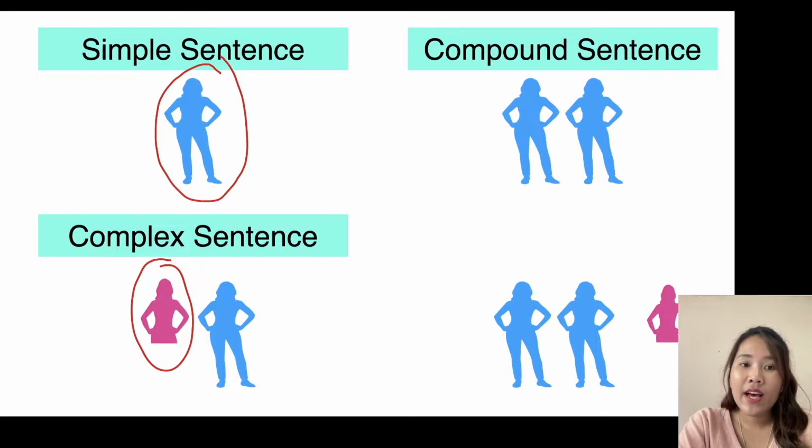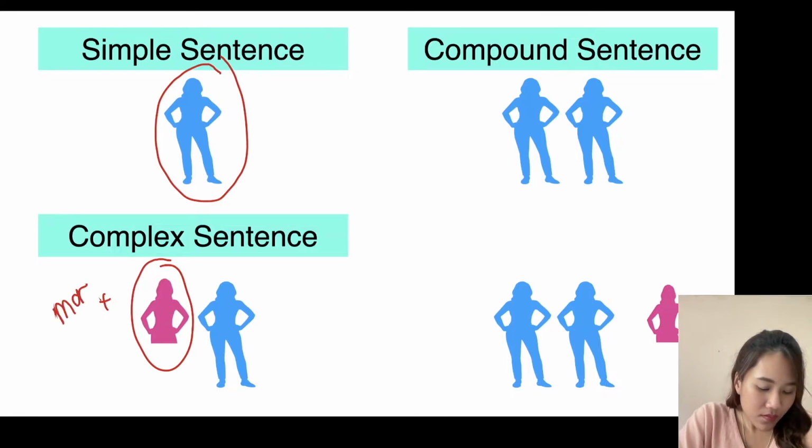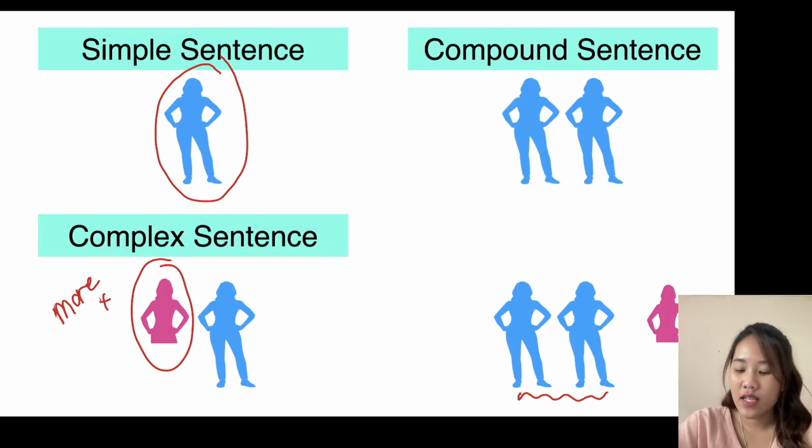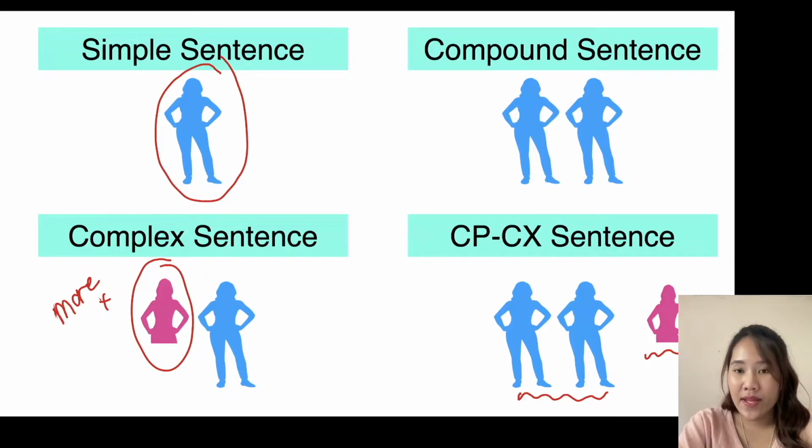But if you have only one independent clause and one or more dependent clauses, it is a complex sentence. But once you have two independent clauses and one or more dependent clauses, it is a compound complex sentence.